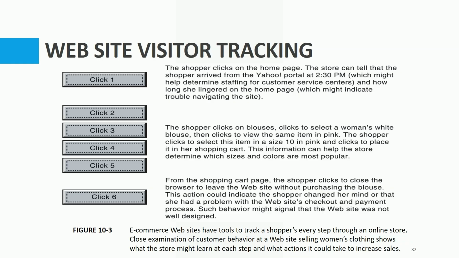Extensive metrics exist for various types of user behavior, from the time spent on web pages to the number of products ordered and placed in a shopping cart but not purchased. Amazing, right? As you can see here, it's called website visitor tracking.